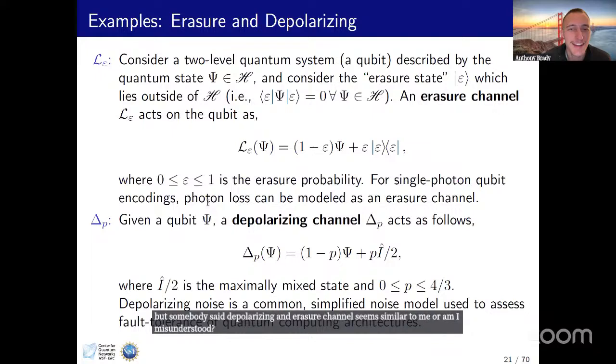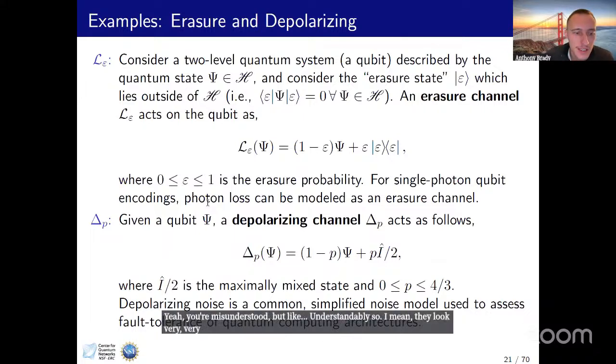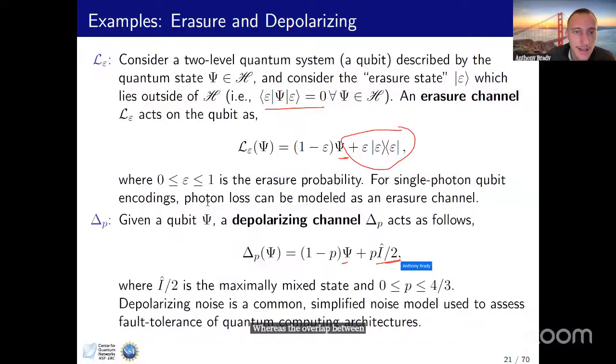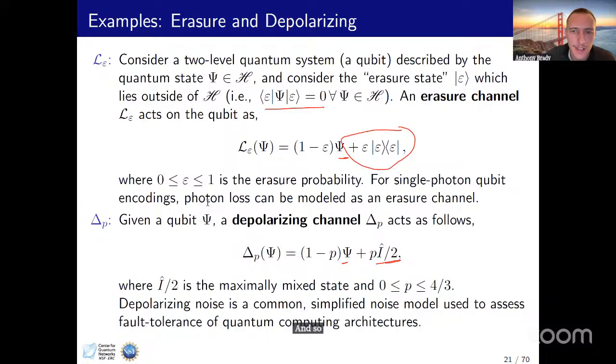You're misunderstanding, but understandably so. I mean, they look very, very similar, but the big difference again, and this is what I was stressing, is that for an erasure channel the overlap between epsilon and psi is 0, whereas between psi and any state in the identity, there's non-trivial overlap. And so that's the biggest difference: this whole thing here is in a bigger Hilbert space.